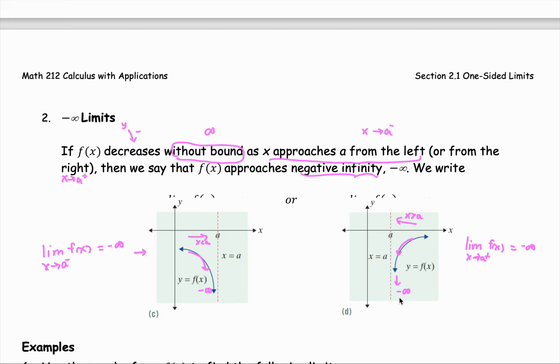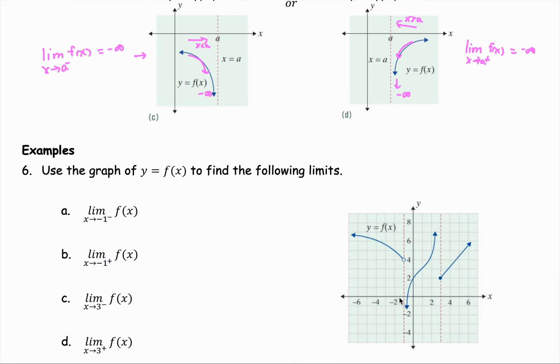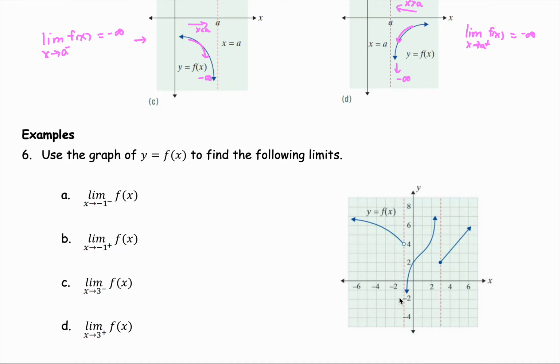Next, we're going to look at the example. From the graph provided, we find a one-sided limit of the function at different points a here. For part A, x approaches negative 1 from the left, and for part B, x approaches negative 1 from the right.